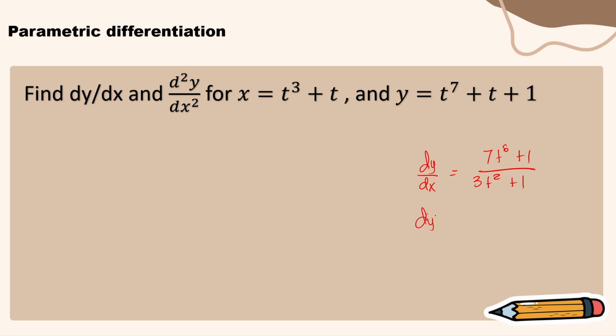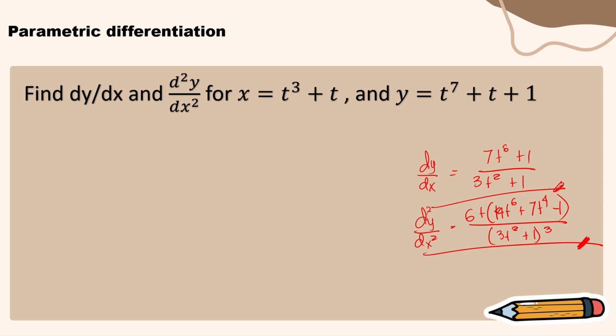While our second derivative is equal to 6t times 14t raised to 6 plus 7t raised to 4 minus 1 all over 3t squared plus 1 raised to 3. So this will be our answers for this particular problem. I hope that you were able to obtain these correct answers.